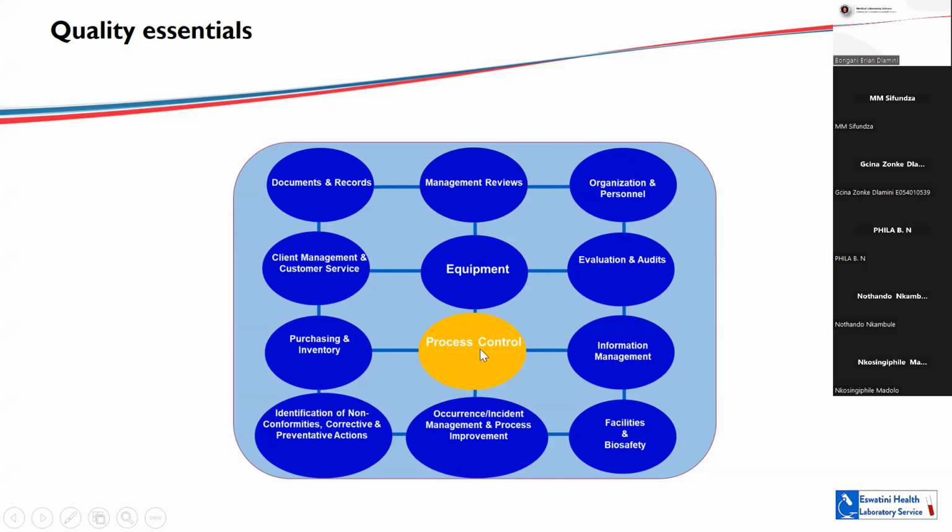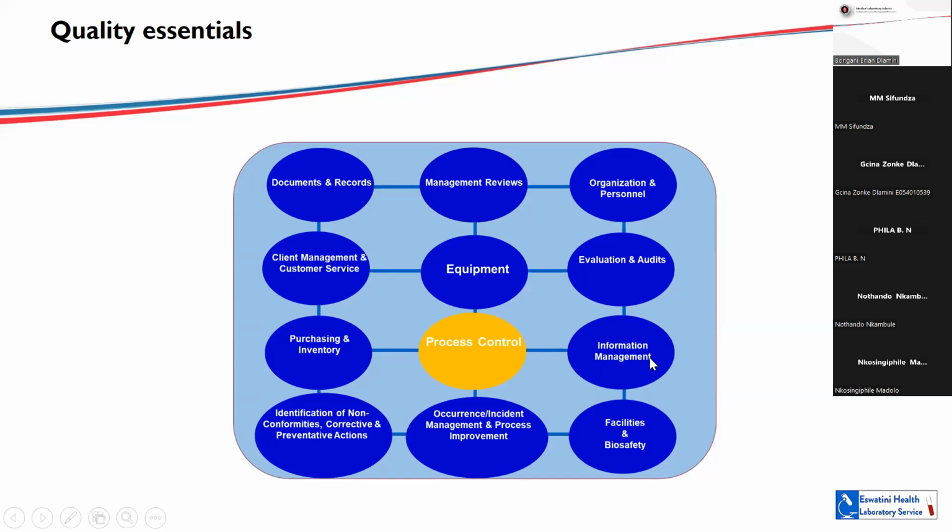So another quality essential we say is the process control that actually looks into how we actually do all the processes in the lab, the sample collection, the handling, the preparation of the samples prior to testing, how we maintain the temperatures and everything pertaining to the samples and the testing itself.